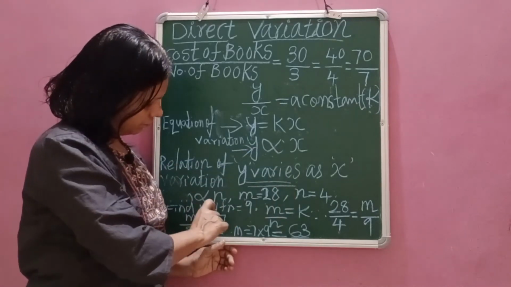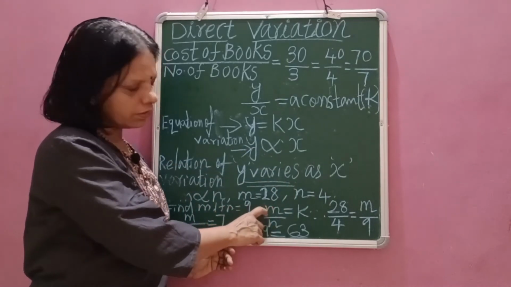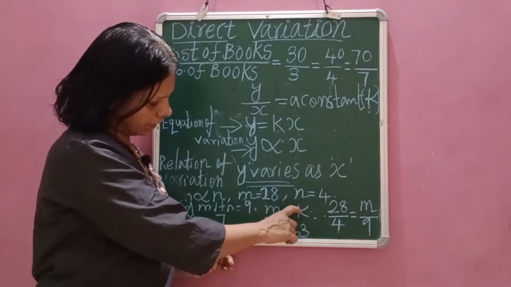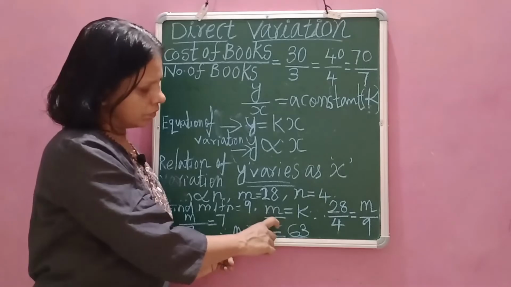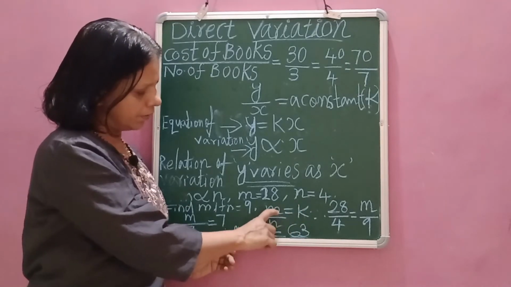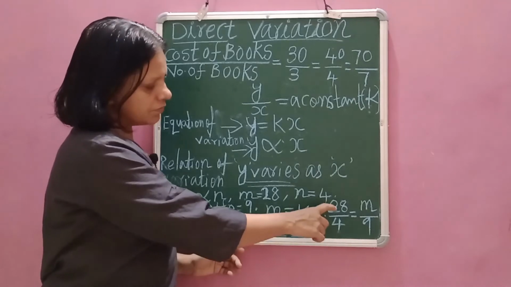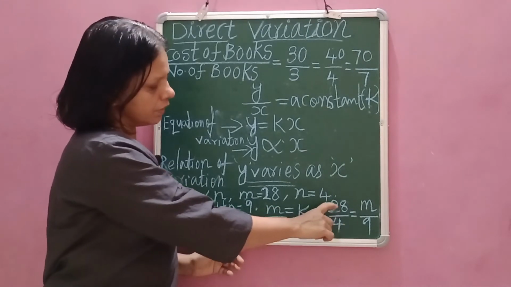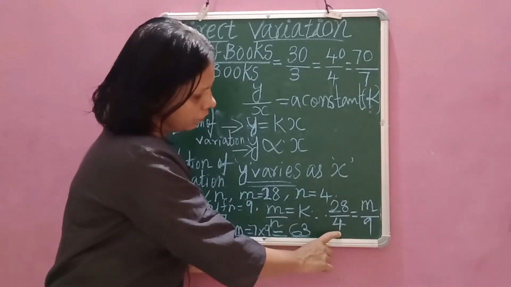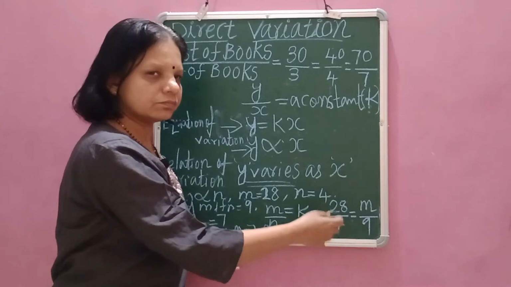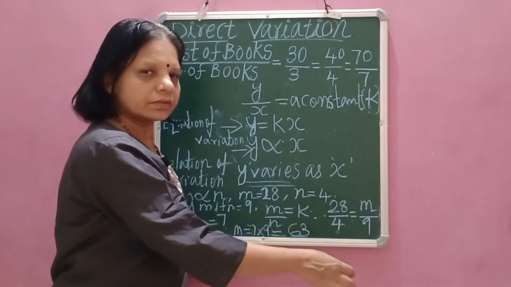If m varies as n, then we can write m upon n equal to k, or m equal to n into k. From this equation, you just substitute. First information, both m and n are given. So 28 upon 4 equal to the other ratio. If you change the value of m, the m upon n will be same.